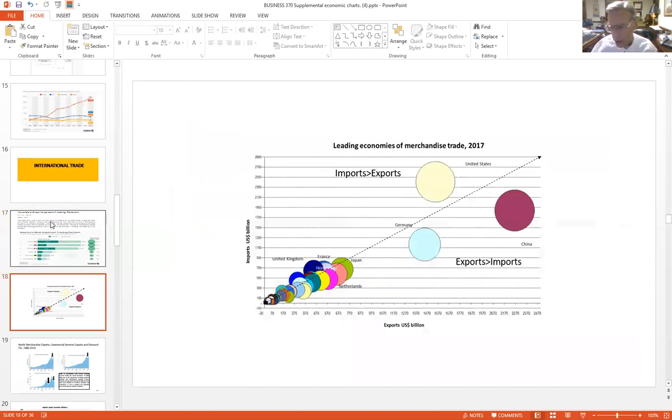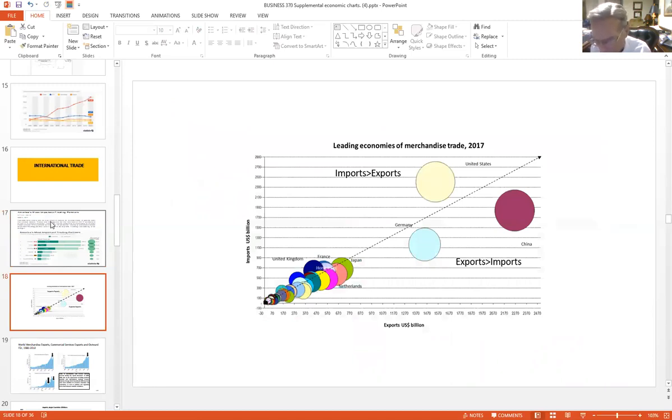Here's a chart that I like to use. And in fact, this is my own chart. But you can see that it relates imports and exports. And the diagonal line is meant to show the balance.